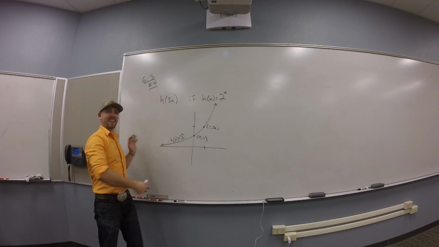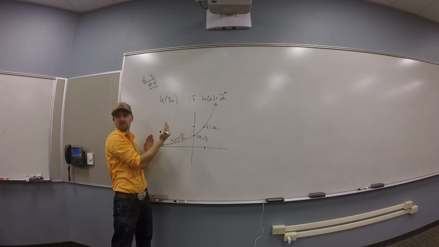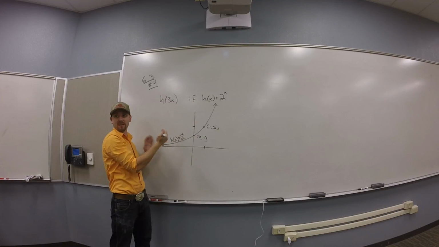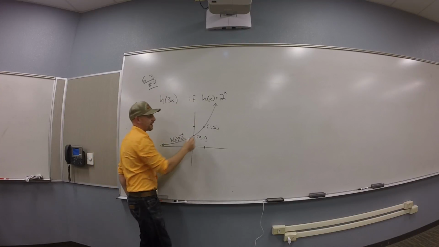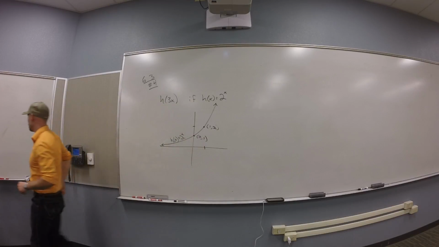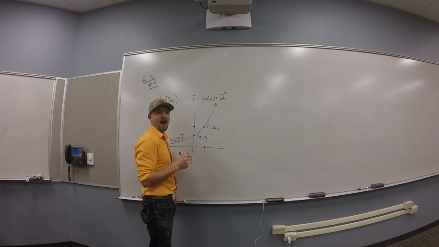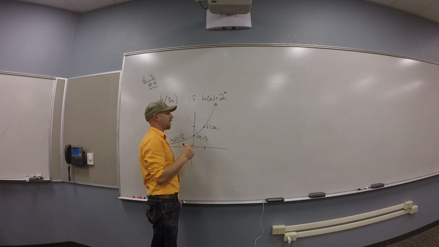Horizontal compression. Yeah, this is multiplication before the rule, right? So this should result in horizontal compression by a factor of 3. So I know that this point at 1, comma 2 is going to get moved to where on my new picture?